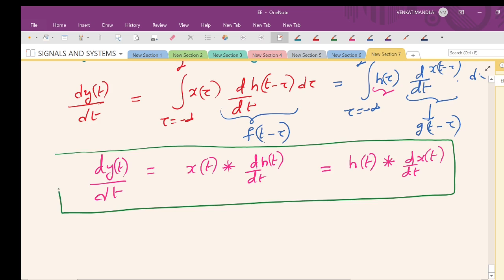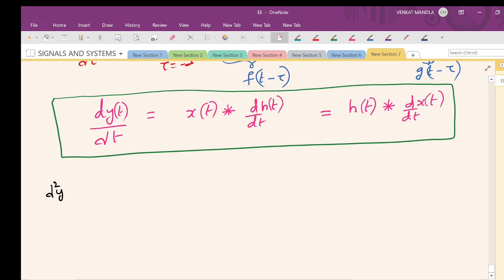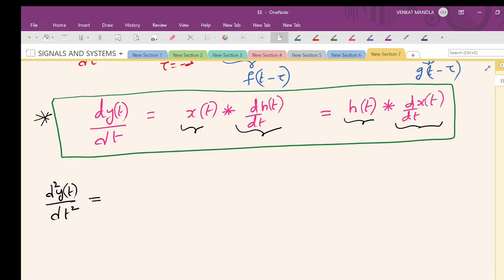And with this property, let's say d square y of t by dt square. We are again differentiating. So let us say this is one function and this is another function. From this definition only, from this property only, we are differentiating one time here.